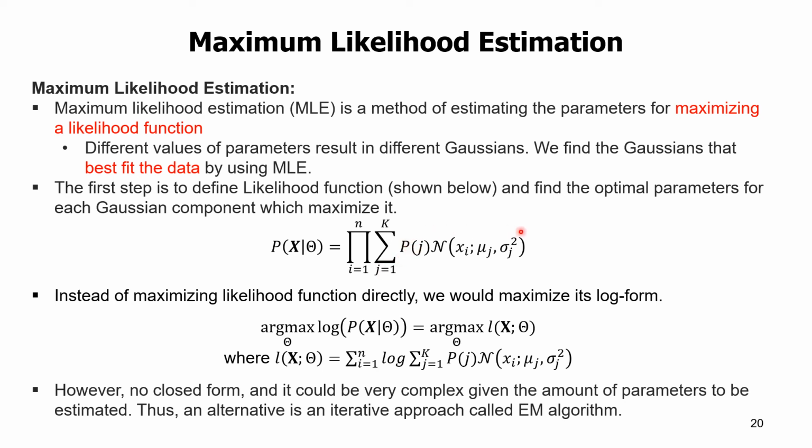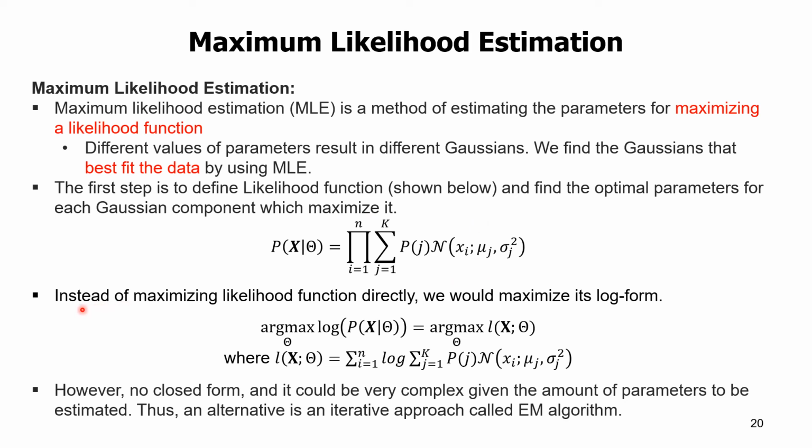This one here is the probability that xi is generated from Gaussian j. Because there are k Gaussians, we add them together. So this whole thing is the probability that the entire data is generated from this Gaussian mixture model. This is the likelihood function of EM algorithm, and we are looking for a parameter theta which maximizes this. That's the ultimate goal of EM algorithm.